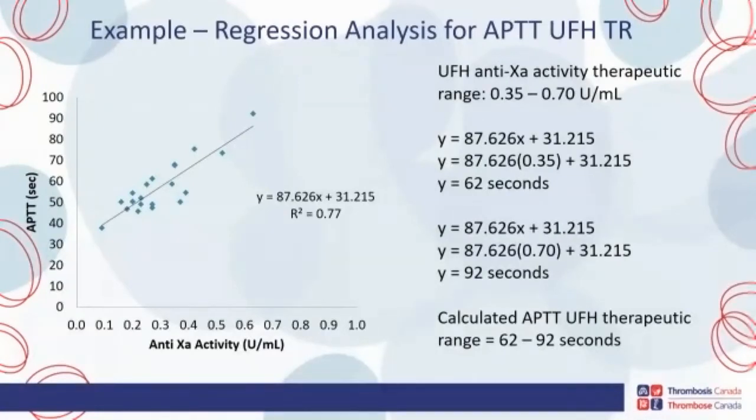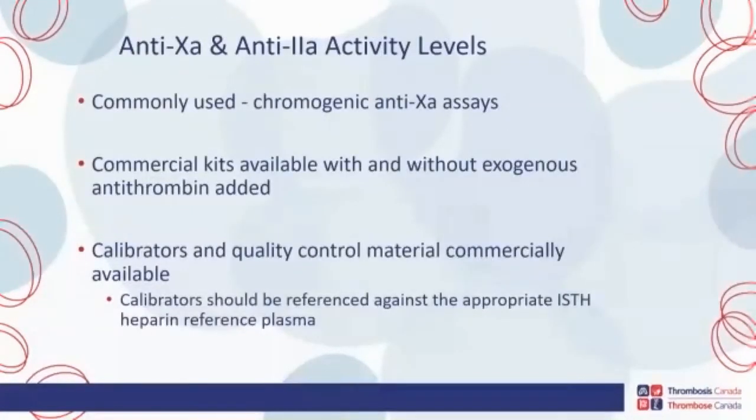So that would be the therapeutic range for this lot number of reagent. Ideally, your lab is not switching your PTT therapeutic range on lot numbers, so hopefully we see some stability between the manufacturers and their sensitivity to heparin. But this is how labs validate or verify the unfractionated heparin APTT range.